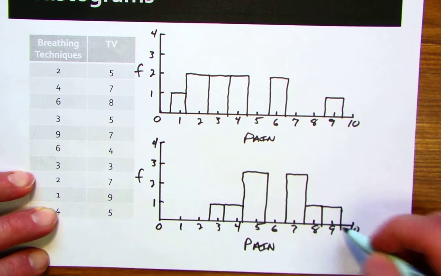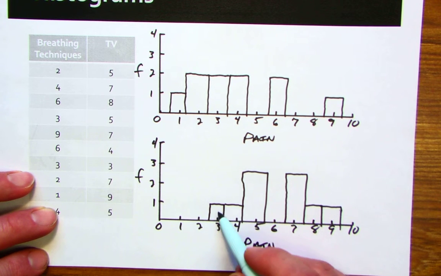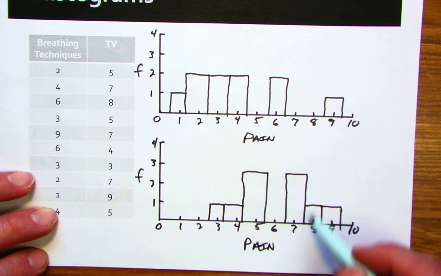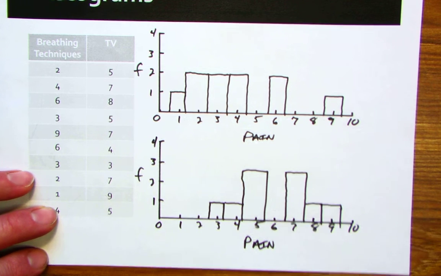And that should add up to 10. There's 10 subjects here as well. So 1, 2, plus 3 is 5, 8, 9, 10.